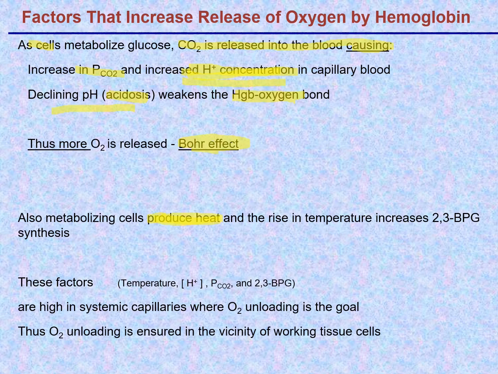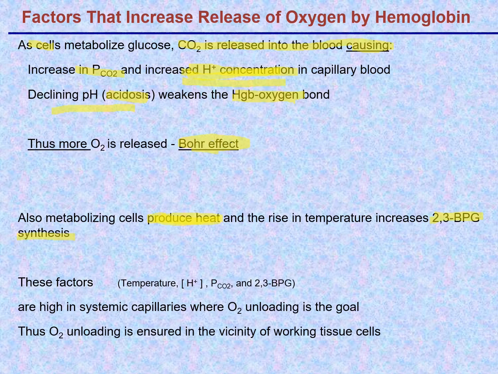Some of that energy is generated as heat, and so you get a rise in temperature. You know that when you're physically active, you have a rise in temperature, and a rise in temperature will trigger a very rapid increase in 2,3-BPG synthesis inside the red cells.